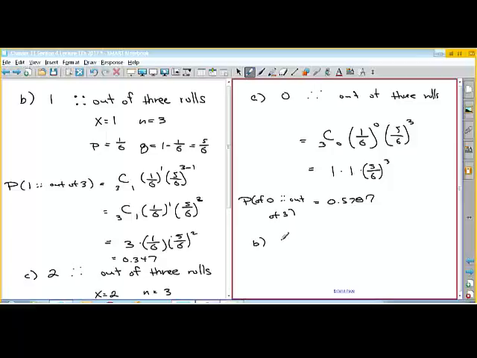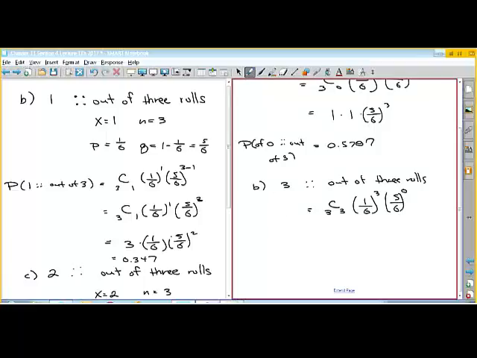Out of 3. And then part D was probably 3. So you get 3 4s out of 3 rolls. That's the least likely thing to happen. And so that's going to be 3 things taken 3 at a time, 1/6 raised to the 3rd power, and 5/6 raised to the 0 power, because it's 3 minus 3. So I left this step out. I just gave you the answer automatically.